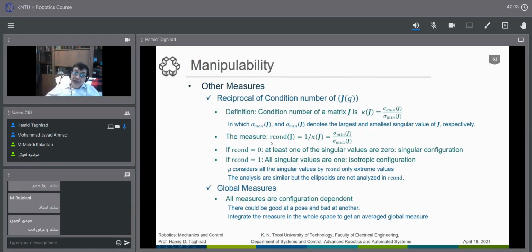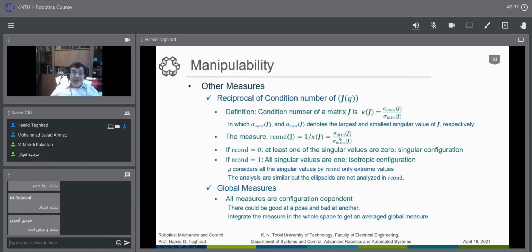If we use the inverse of the condition number, we call it arcant, and you can use the arcant command in MATLAB or in many other software. Arcant gives you the inverse of the condition number, meaning sigma min over sigma max.